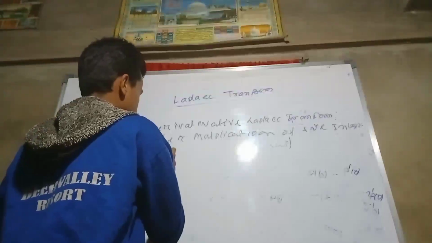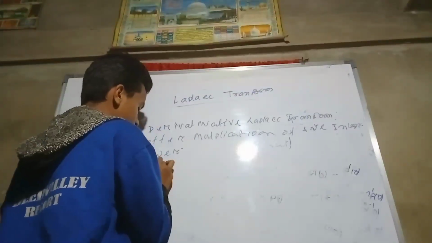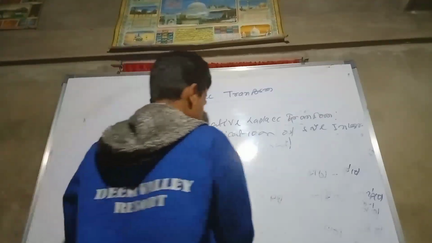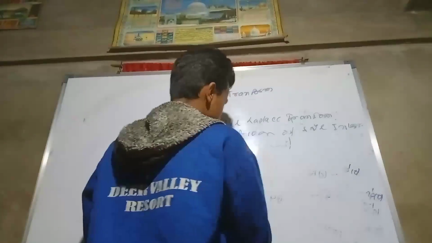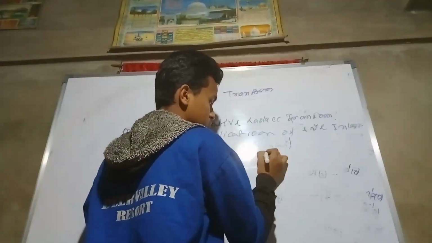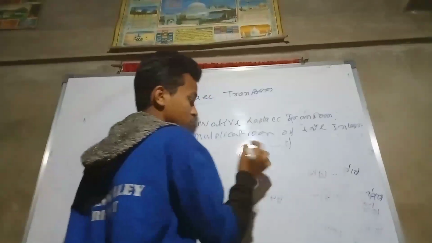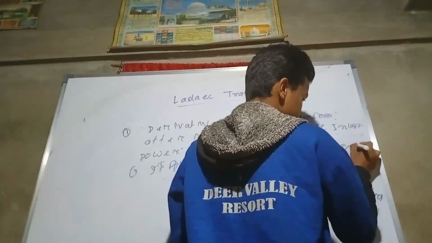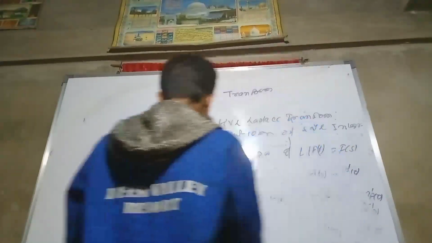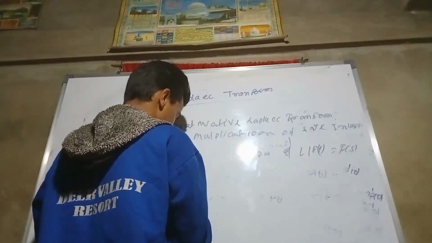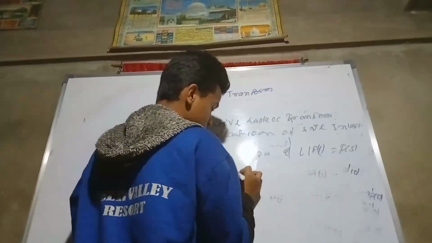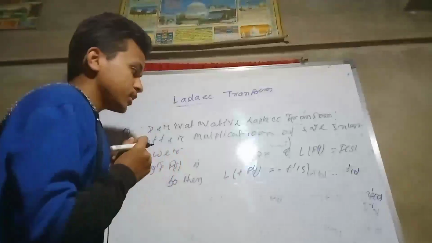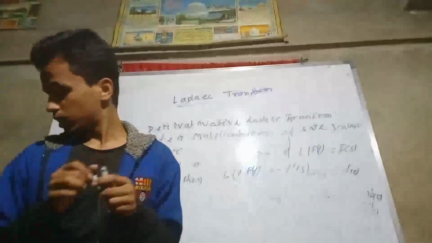Okay, so write down: if f of t is piecewise continuous, and the Laplace transform of f of t is equal to F of s, then the Laplace transform of t f of t is nothing but minus F dash of s. That is the concept. So I have to write down the concept and move forward.